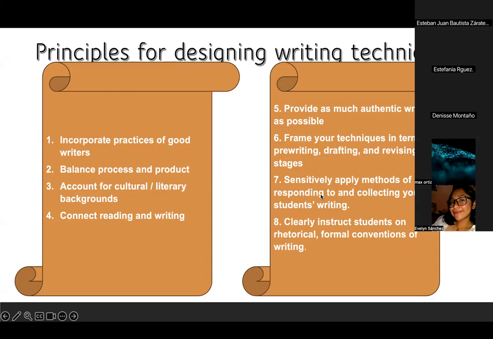Number seven, sensitively apply methods of responding and collecting your students' writing. Number seven implies some strategies you can use when you receive the text and then you start collecting, for instance, some spelling mistakes, some inaccuracies in the use of terminology.